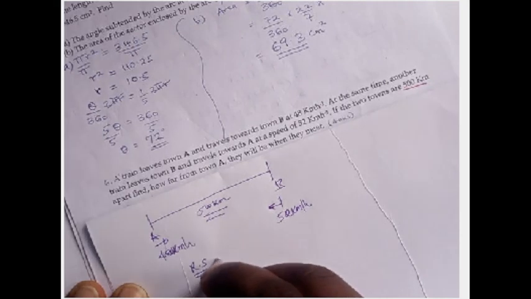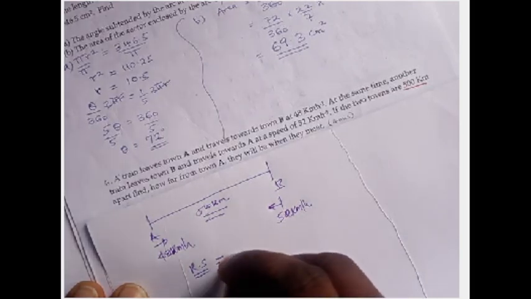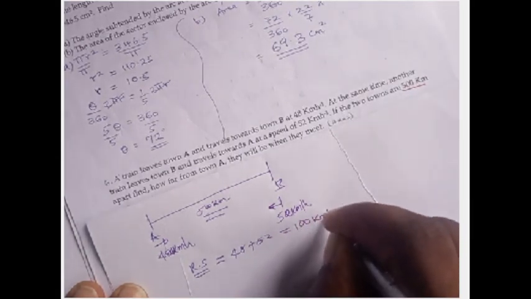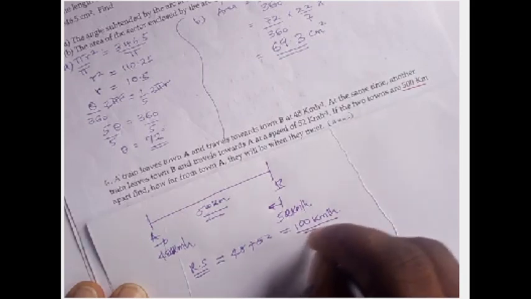So it's a question of relative speed. In this case, the two trains are approaching each other, so relative speed will be the sum of the two, which gives us 100 kilometers per hour.